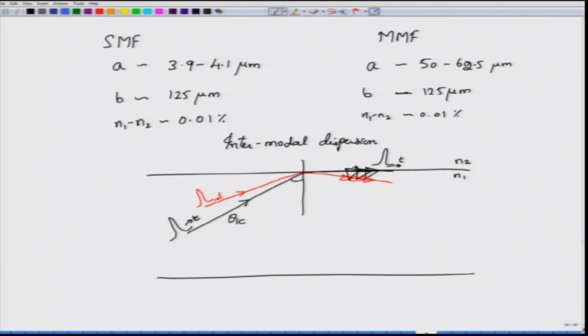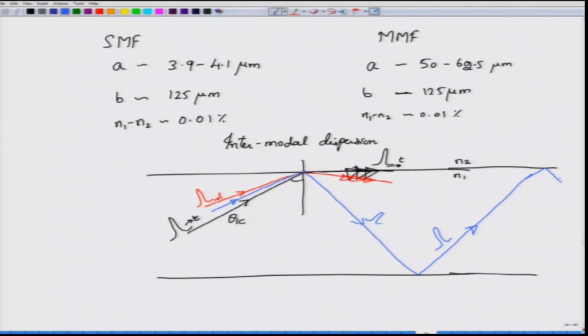So, I am going to do something like this. This is not very nice in the sense that I am considering the angles not correctly, but please forgive me, this is just for illustration purposes. The blue light is also propagating and carrying an impulse, but at a different velocity than the other rays of light.